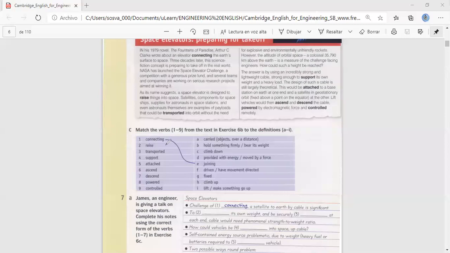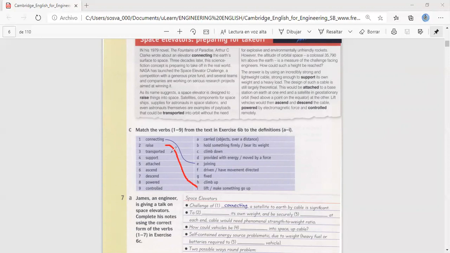So let's look at the verb raise. What's the meaning of raise? I think it is like lift, make something go up. Exactly. Raise is to lift or make something go up. Great. What about transported?